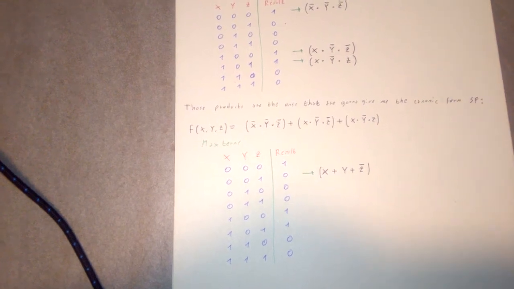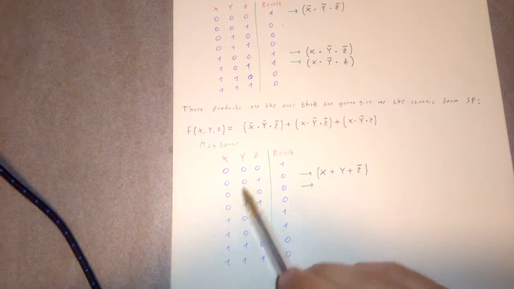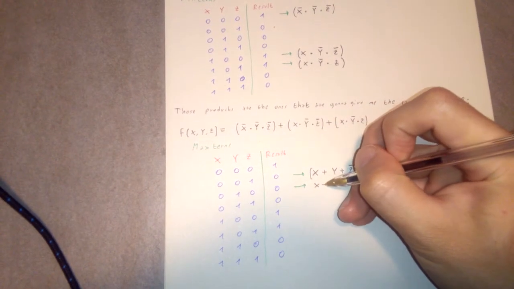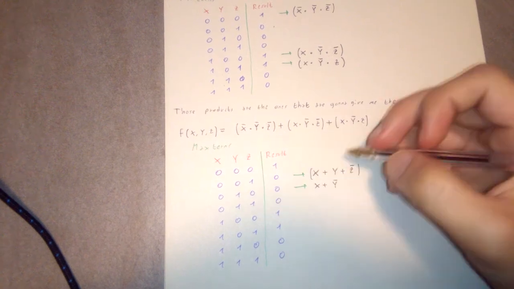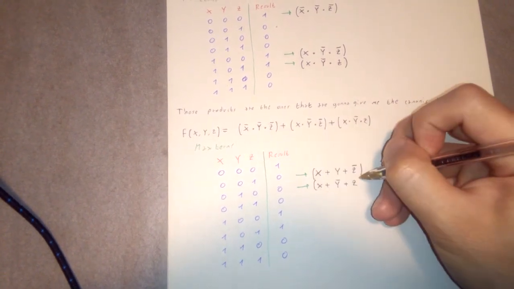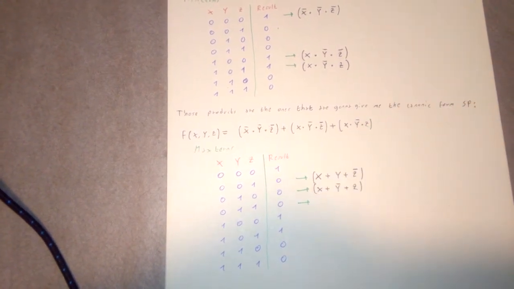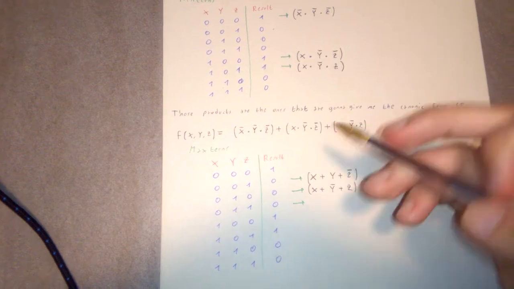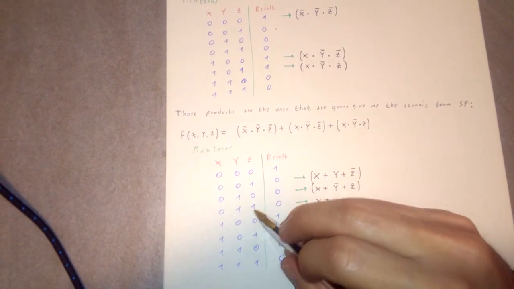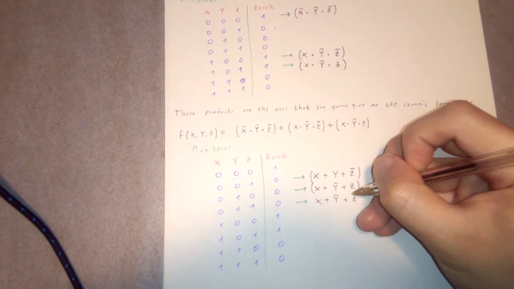And I'm going to do the same for this line here. So x plus not y because it's a 1, plus z because it's 0. And again, x is 0, so we write x plus not y plus not z because they are both 1.